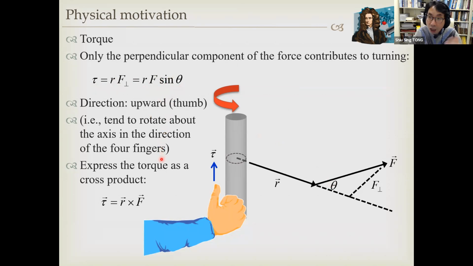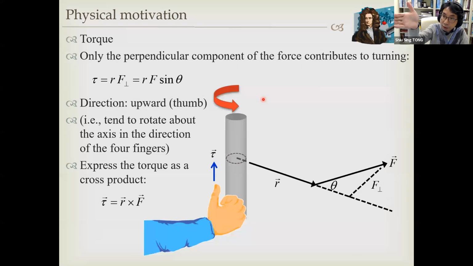Okay, and how about the direction? How do I express the direction? Well, I express the direction by the so-called right-hand rule. If this object tends to rotate in this direction, then I use the forefinger of my right hand to curl around like this to represent the direction of the rotation. So if I turn the door like this, the rotation will be going in this direction.